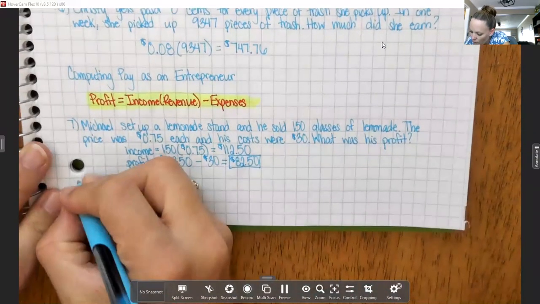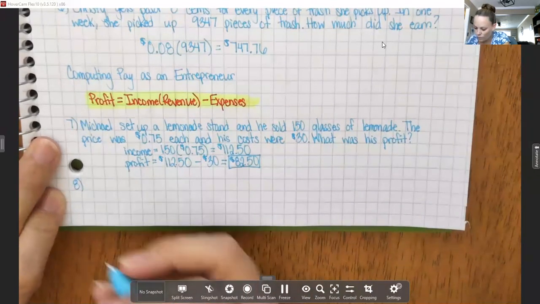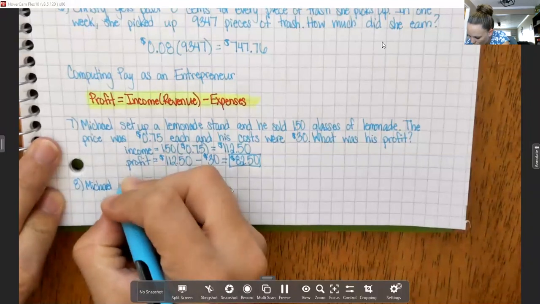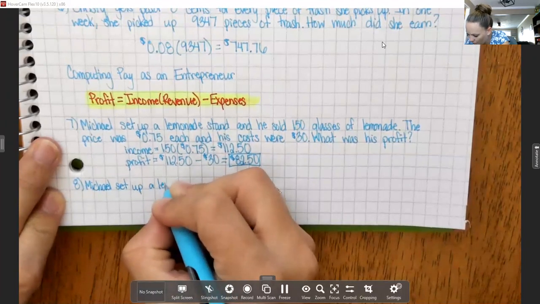And then we'll just do one more. I'll try to squeeze it in down here. The same idea. Michael set up a lemonade stand for 5 hours.